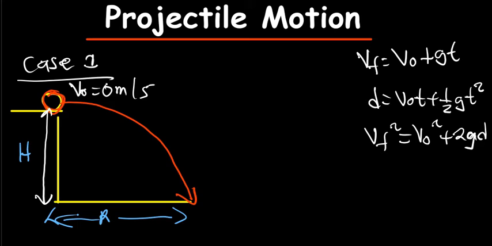Under the first trajectory, the only things which you need to be familiar with are how to find the height of the building, the time it takes for this ball to come from the top of the building all the way down, and second, how to find the range. Get me right there.